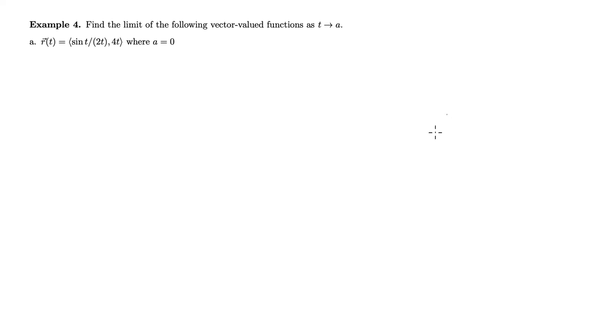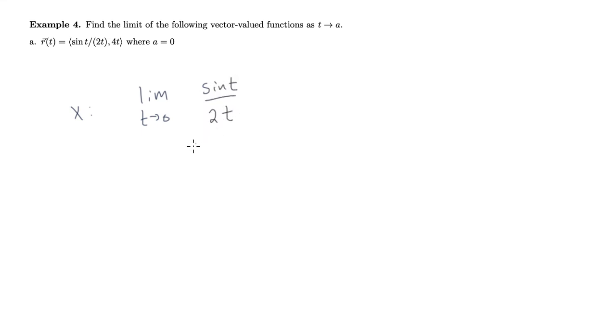Alright, so we want to find the limit of this vector-valued function. But as we mentioned in the lecture, to take the limit of the vector-valued function, we just take the limit of each of the component functions as t approaches, in this case, 0. So the x coordinate is just going to be the limit as t approaches 0 of sine t over 2t.